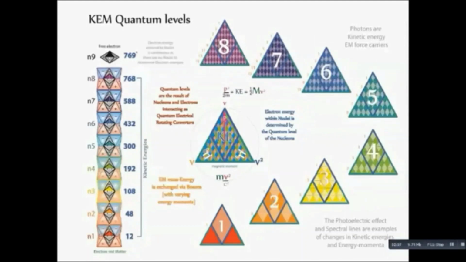The triangular geometries that describe the kinetic energies of matter in motion also possess magnetic moments. Each electron has such a geometry to describe its tangential rotational velocity. The energy of this geometry also describes the energy state of the electron.